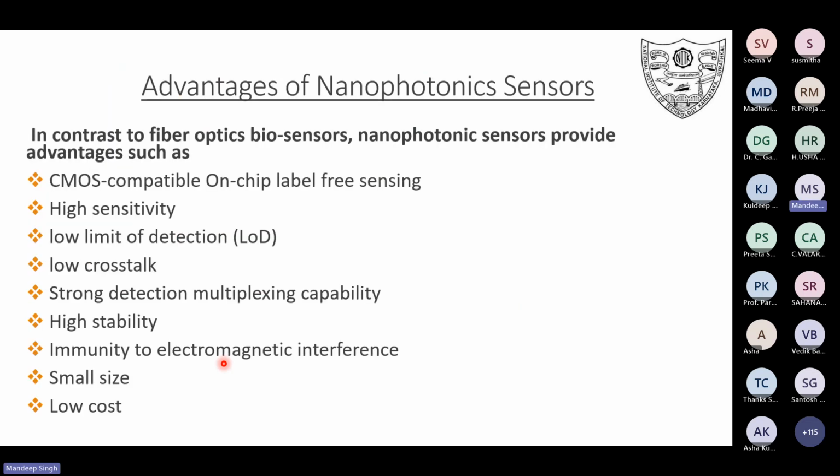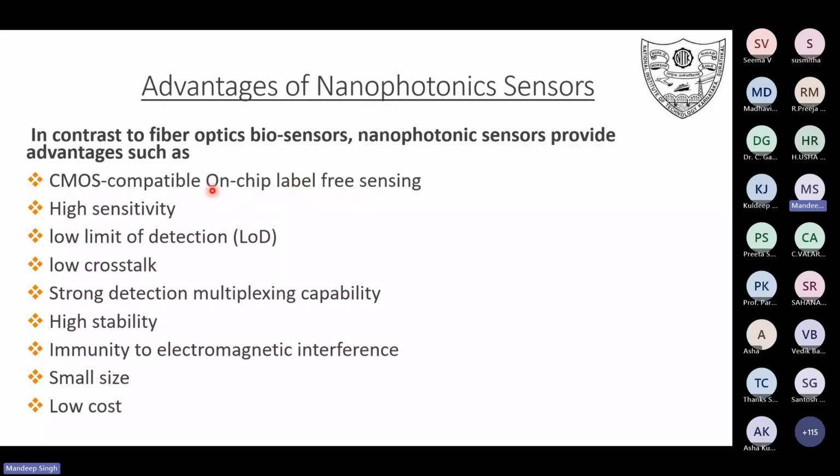Okay, so now let me summarize the advantages of this nanophotonic sensor. We have observed that, in contrast to fiber optic biosensors, this nanophotonic sensor provides various advantages because of CMOS compatibility and on-chip laser. We can say label-free sensing. The sensor that I showed, the DNA hybridization, is basically an on-chip label-free sensing.